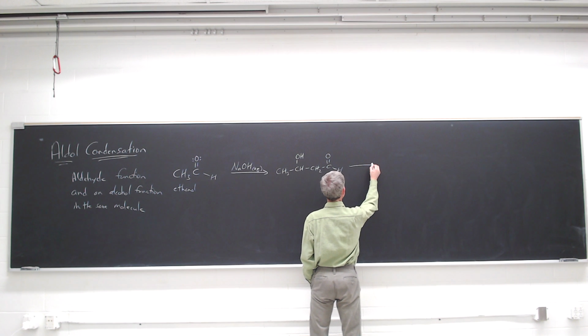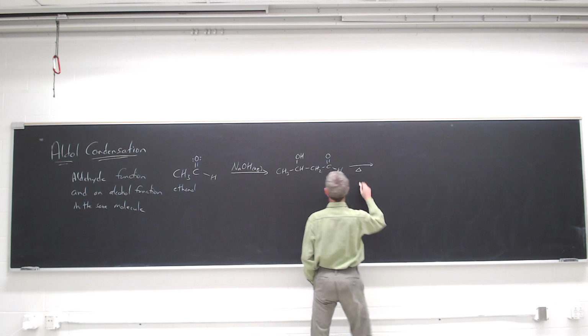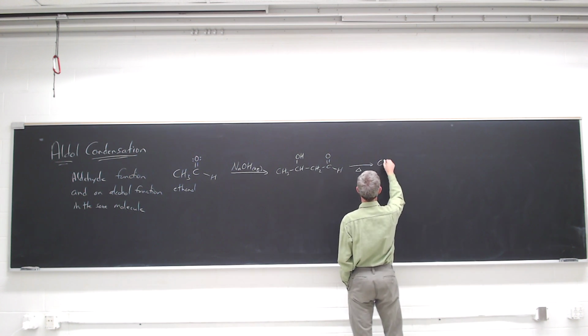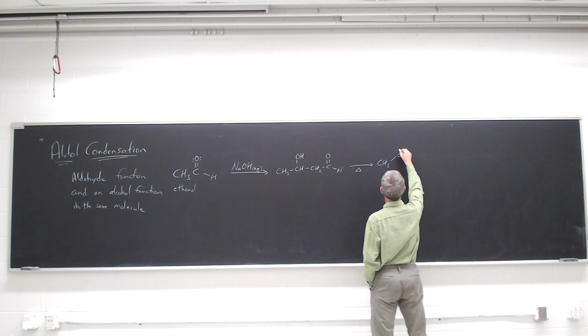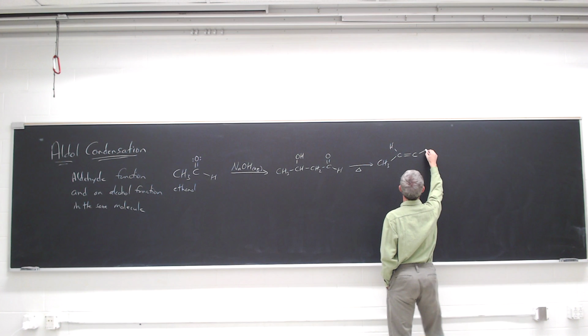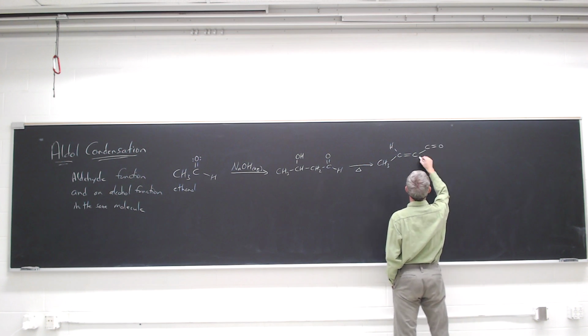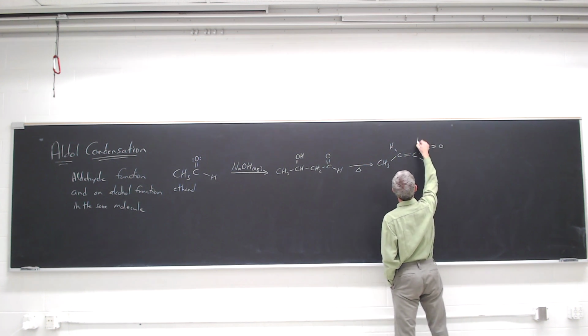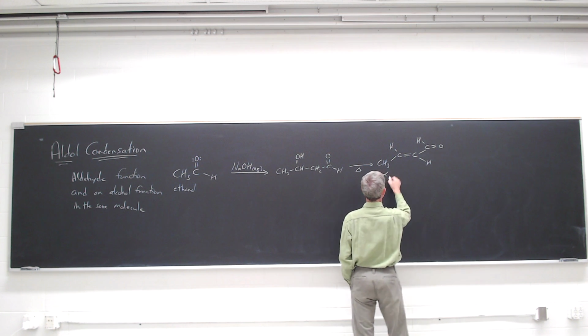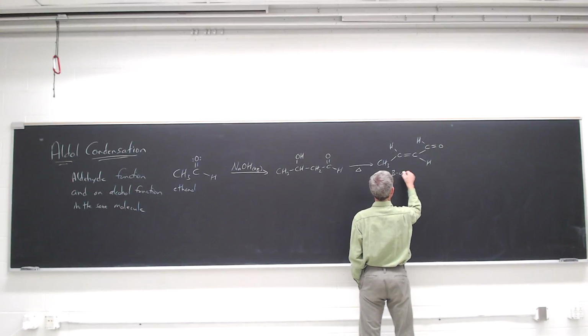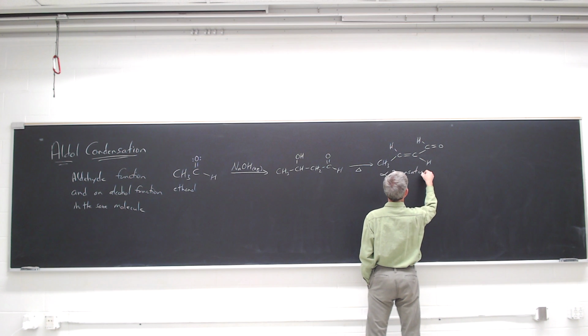And then if this reaction is heated up, we will actually get a product that has a carbon-carbon double bond instead of the alcohol. An alpha beta unsaturated ketone, or an aldehyde in this case.